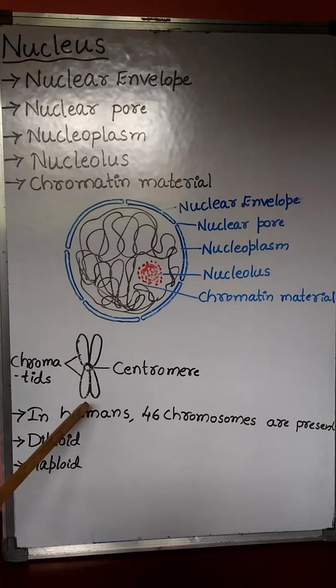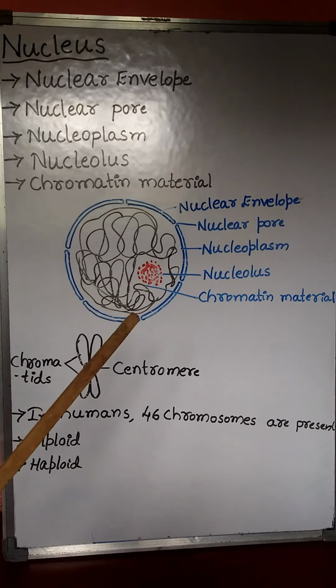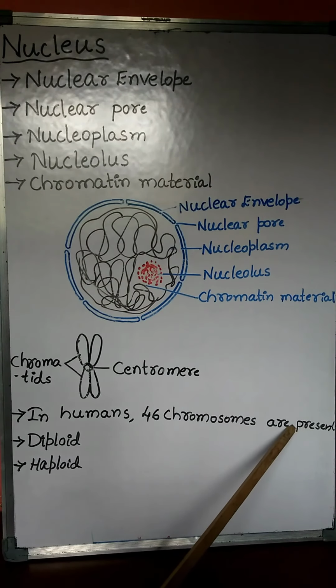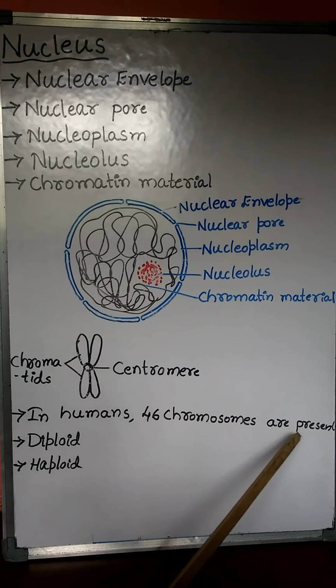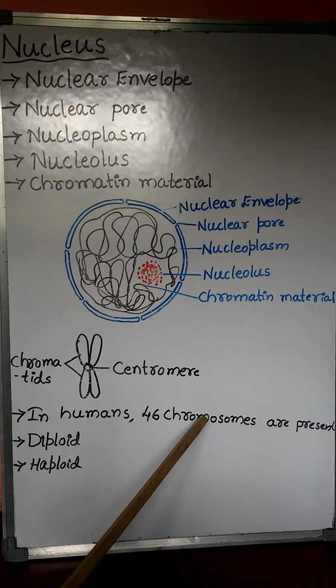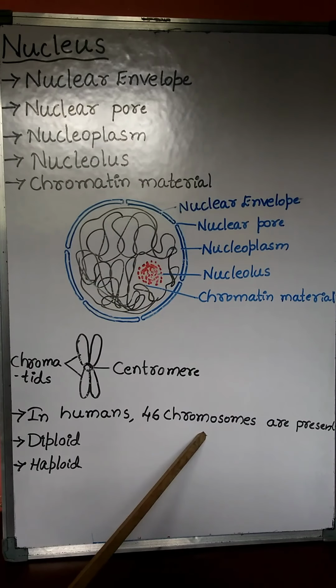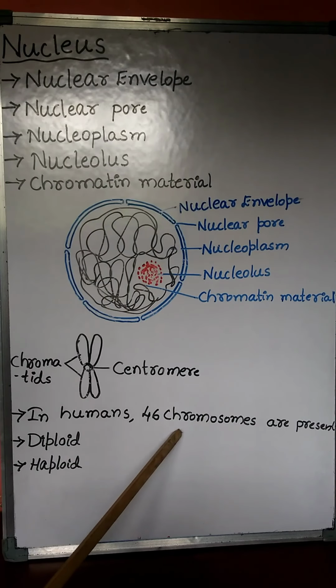In different individuals, the number of chromosomes differs. For example, in human beings, 46 chromosomes are present. And always chromosomes are present in a pair. That pair is called a homologous pair.